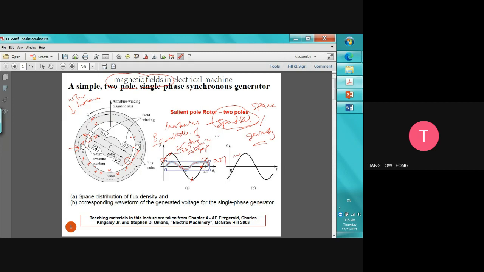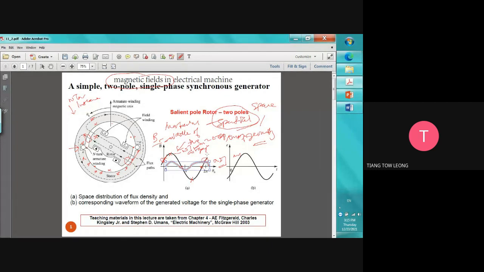So when the B is higher, the EMF will be bigger, which means the voltage generated will be more compared to the voltage generated by this motor. So the higher the EMF, the better the motor, right? That's why we need to know the magnetic flux density in the middle of the air gap first before we evaluate the EMF.